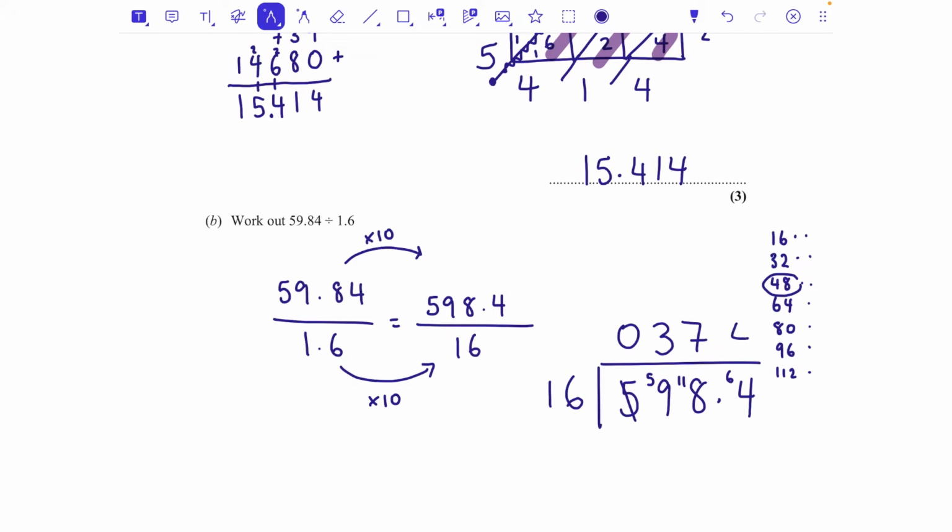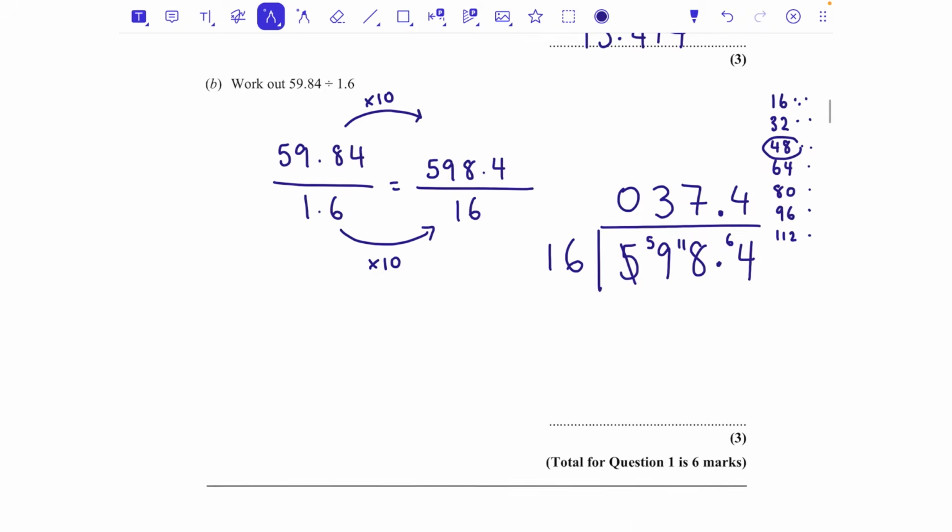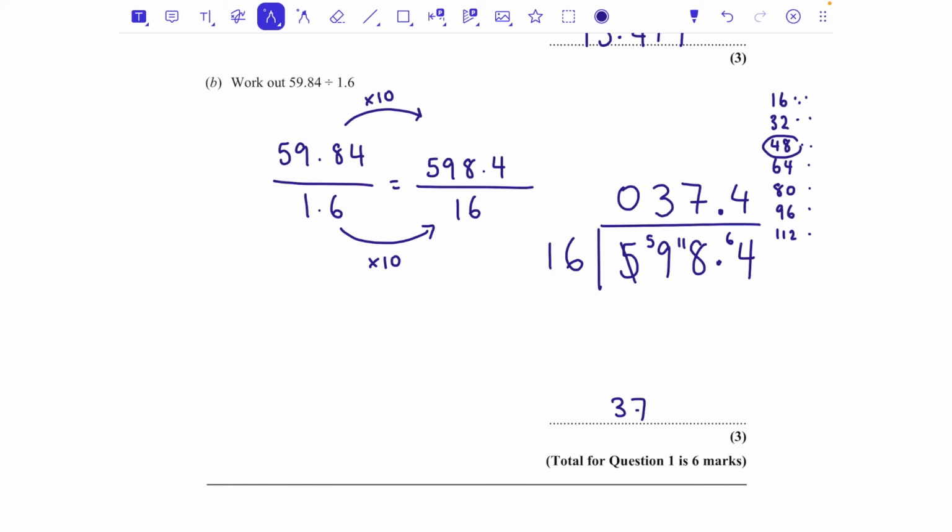There we go, and that decimal point here gets moved up here as well, so your answer is 37.4. And that makes sense. I'm looking at this sum and I'm thinking this is roughly 60 divided by 2. So that's a sensible answer in my mind.